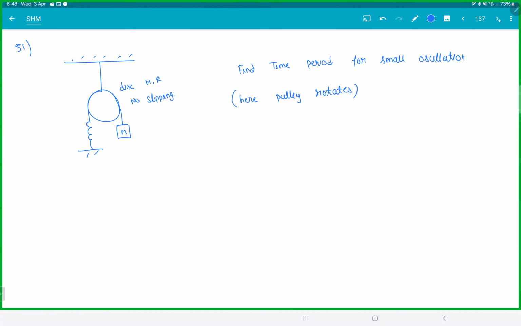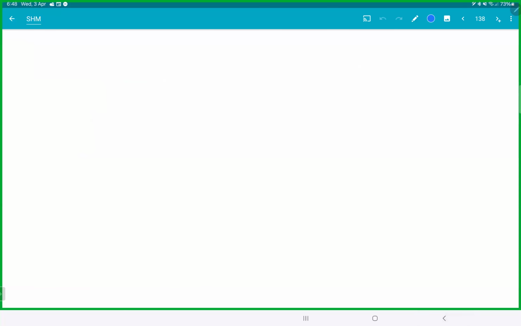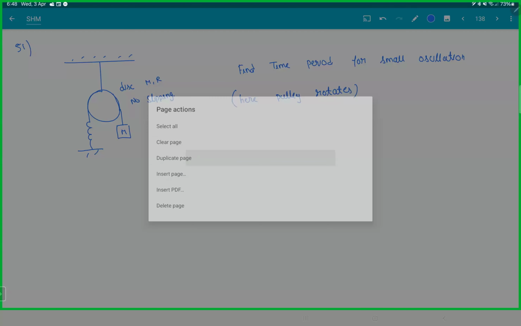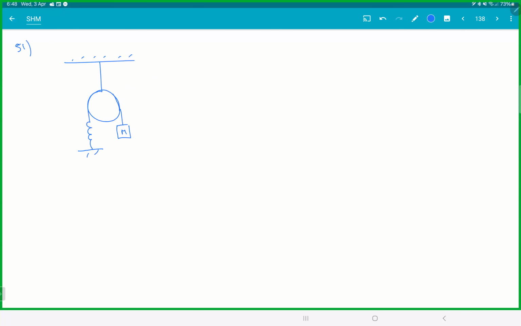Disc, you know the moment of inertia, right? mr square by 2. First thing, if you displace this by theta, let's say alpha, this block will go by A. So on this, the tensions will be T1, T2, alpha. This is connected to the spring. So this is T1 and this will be K into R theta.